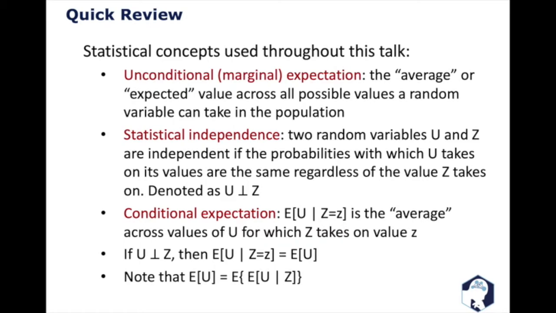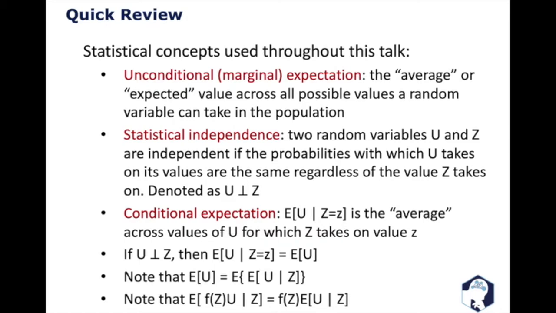The marginal expectation of u can be written as the expectation of the expected value of u given z, where the outer expectation is with respect to the distribution of random variable z. Finally, we have this fact that for the expectation of a function of two random variables, if we condition on one of them, then we can pull out the function of the variable that we're conditioning on.